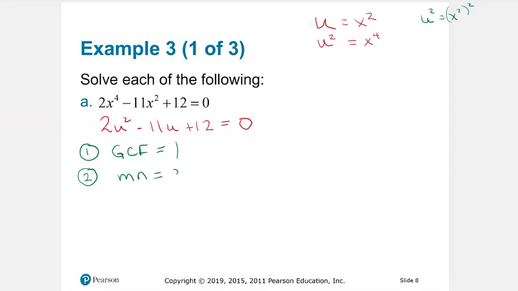When I multiply them together, gives me A times C. And here A times C, again, I'll write down A equals 2, B equals negative 11, and C equals 12. So A times C equals 24, and M plus N, well, that has to equal B, and my B is negative 11. So we'll make our table.